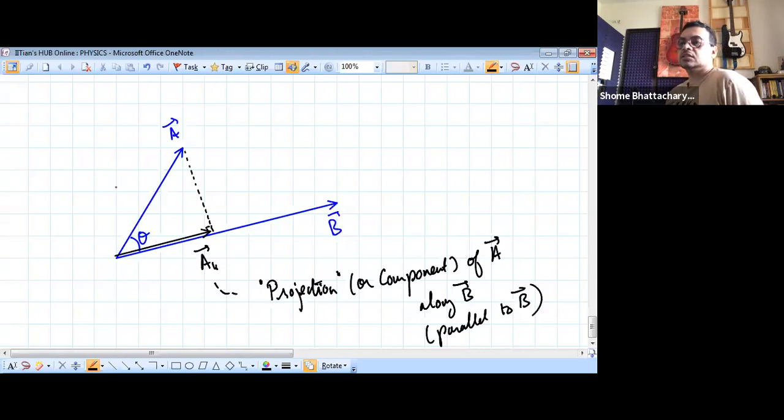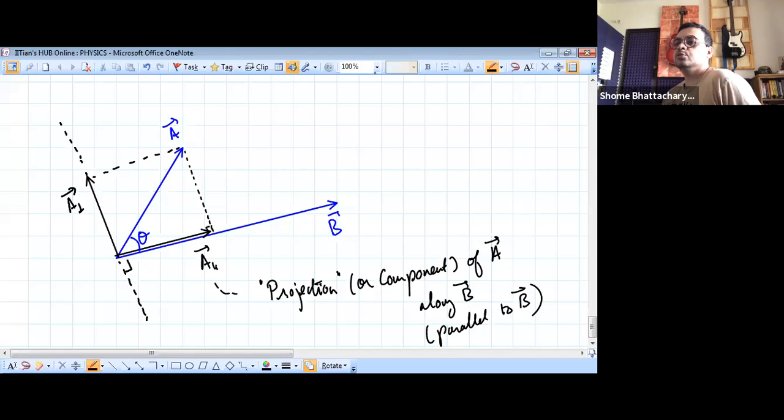Okay. Whereas if you take a component in the perpendicular direction, so this direction is perpendicular to B. This is an axis perpendicular to B. This one becomes A perpendicular.